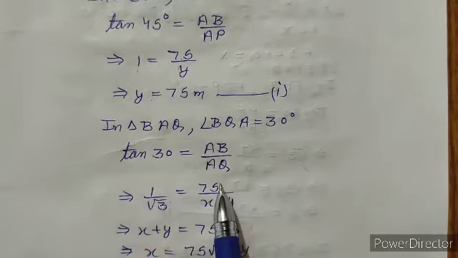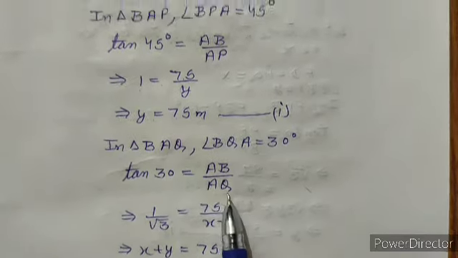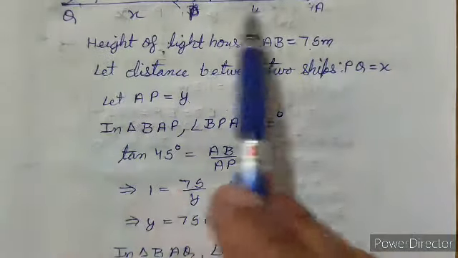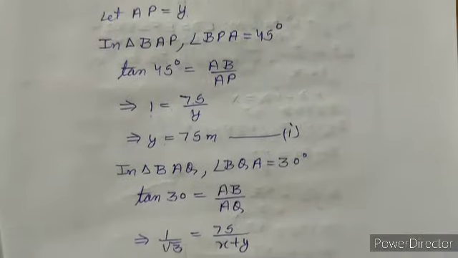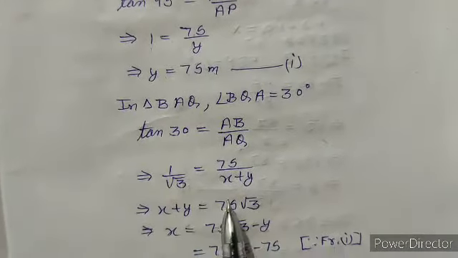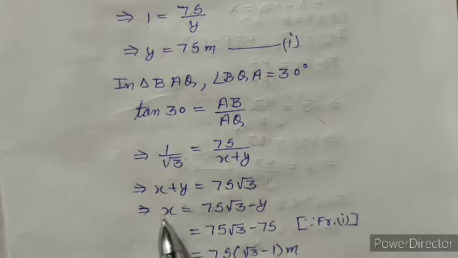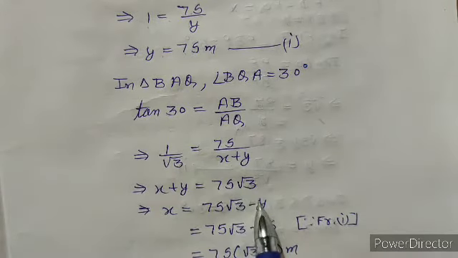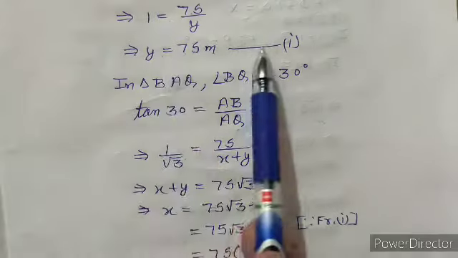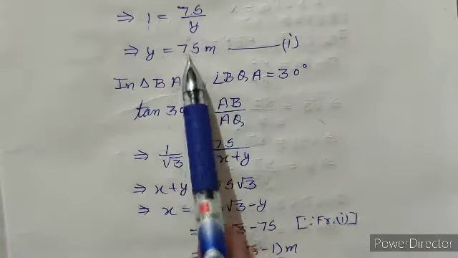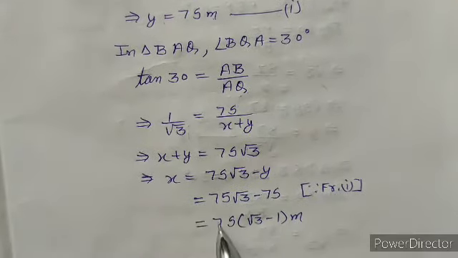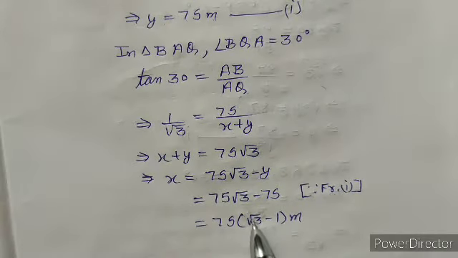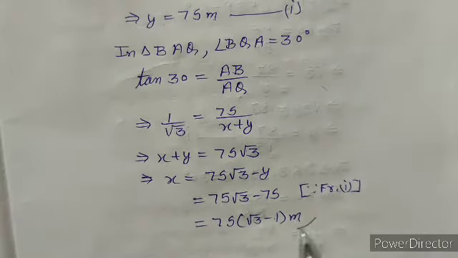AB is given to us as 75 and AQ will be equal to AP plus PQ, and that will be equal to Y plus X or X plus Y. This will give us the value of X as 75 root 3 minus Y. Now we can put the value of Y from equation first, that is 75 here, which will give us the value of X as 75 into root 3 minus 1 meter, which is the distance between the two ships.